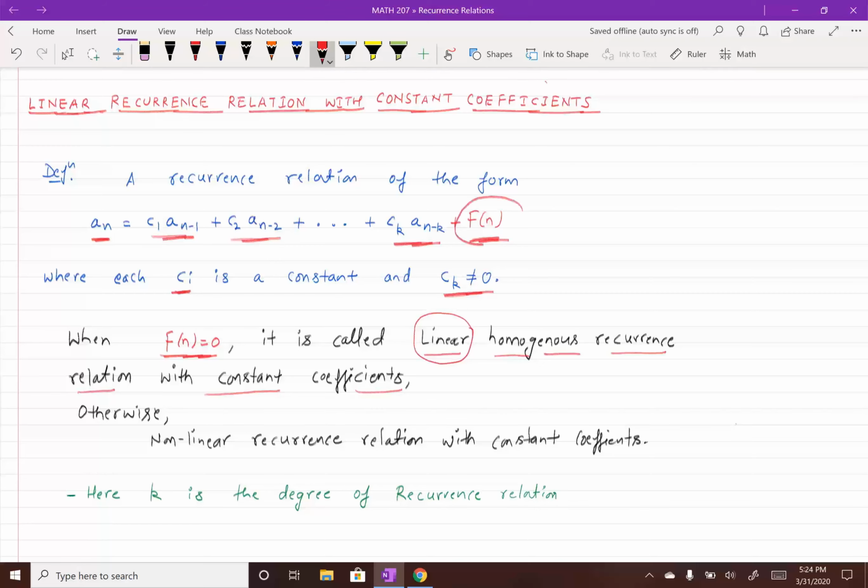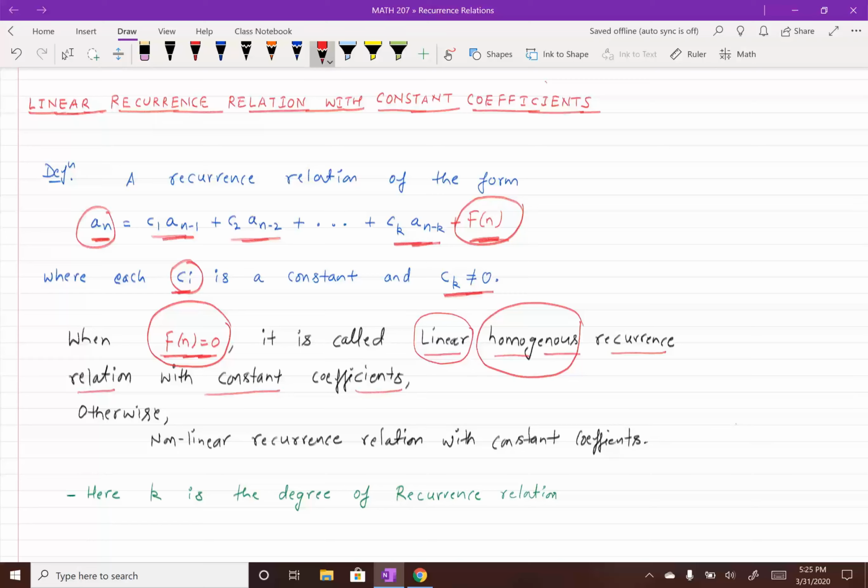Since this function f of n is 0 here, we say it is homogeneous. It is a recurrence relation because there's a relationship between the nth term and some previous terms up to n minus k, and it has constant coefficients because the coefficients ci are constants here. So this kind of relation is called a linear homogeneous recurrence relation with constant coefficients.